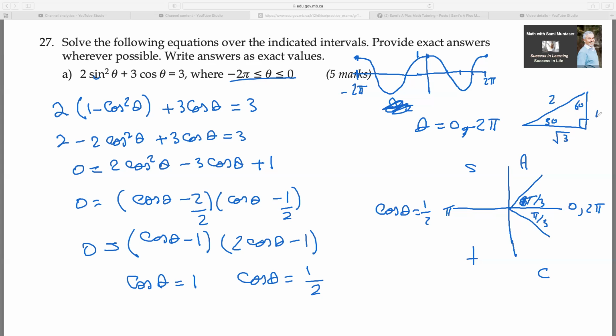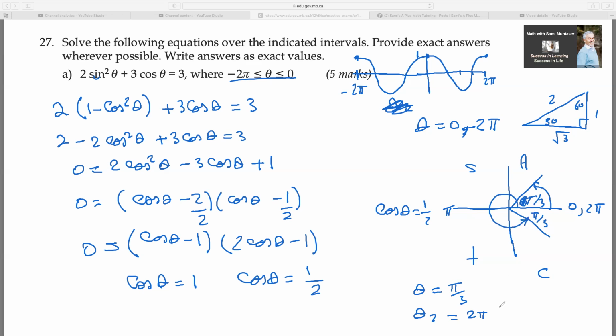So as you see, cos 60 is 1/2. Therefore, your reference angle is 60, except it is in radians, so it's pi over 3. So your first angle here is theta equals pi over 3. And then the other theta, or theta 2, if you want to call it, you go all the way to 2 pi, because you're measuring from the 0 all the way to here.